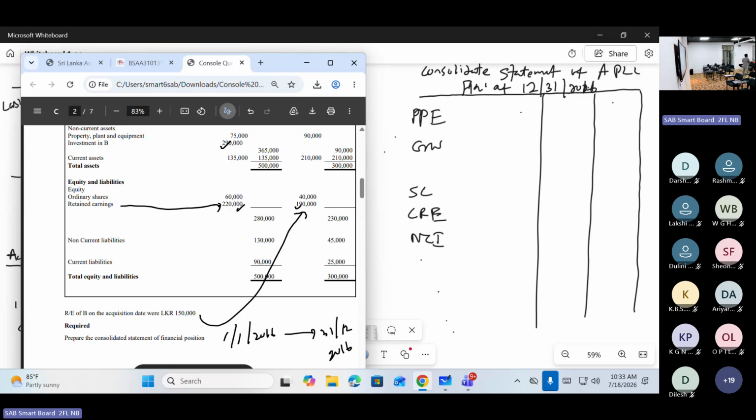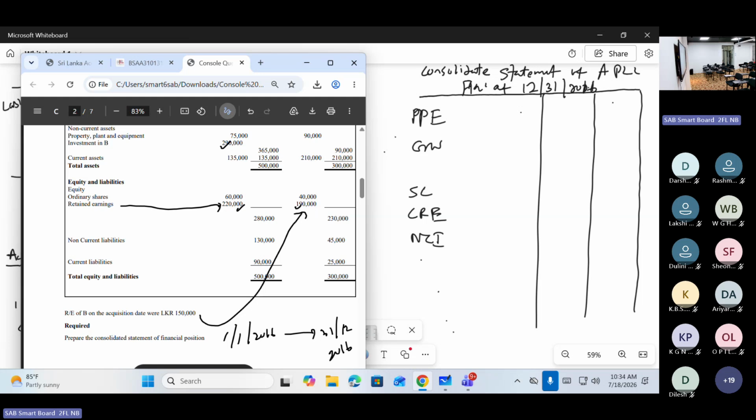Opening retained earnings plus the profit during the period gives the closing retained earnings.